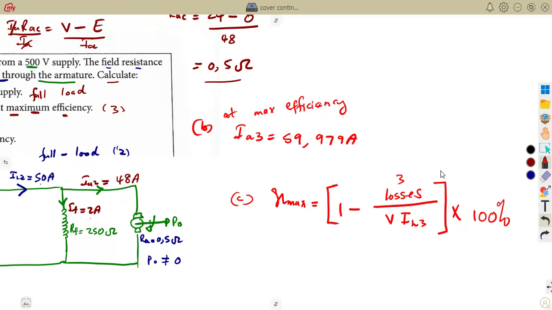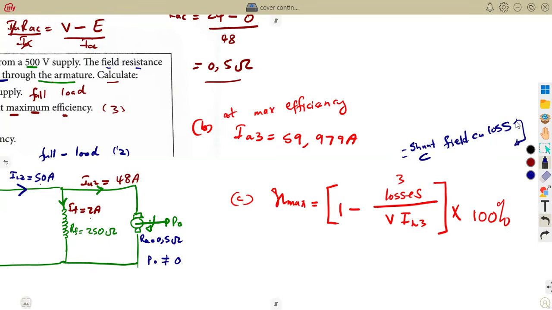The 3 losses at maximum efficiency will be needed: the shunt field copper loss, and also the iron, friction and windage losses.